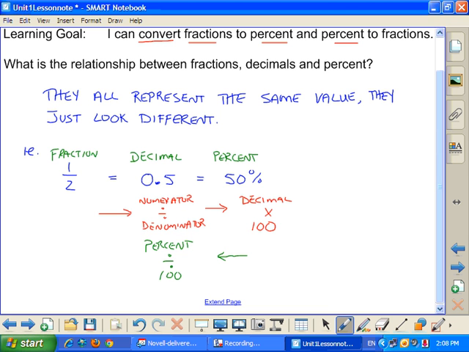If you want to go from a decimal to a fraction, you would put the decimal over a denominator of 10, 100, 1,000, and I'll talk about how to pick it properly in a second.